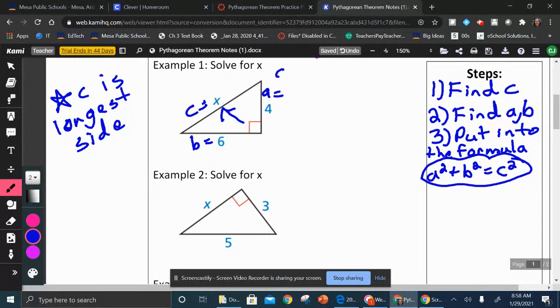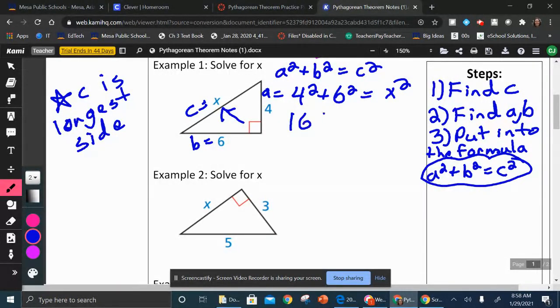Okay, so we have a squared plus b squared is equal to c squared. So we're going to do 4 squared plus 6 squared is equal to x squared. We're going to do 16. 4 times 4 is 16. 6 times 6 is 36. And then we're going to add those two together. So 16 plus 36, we get 52 is equal to x squared.